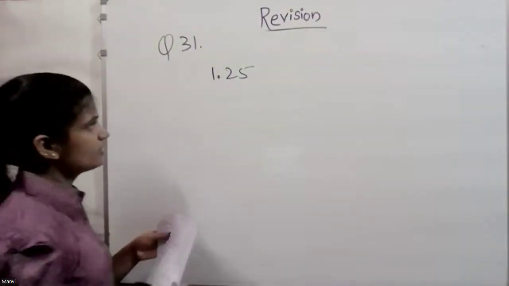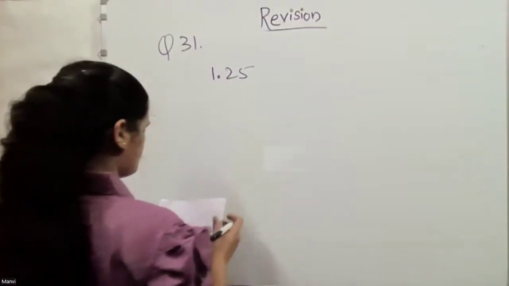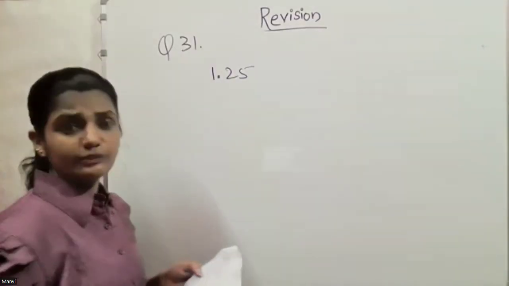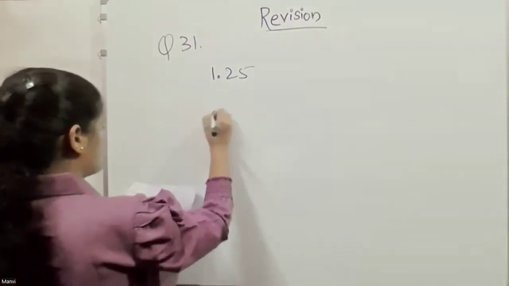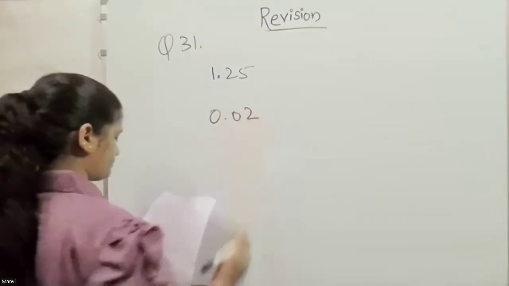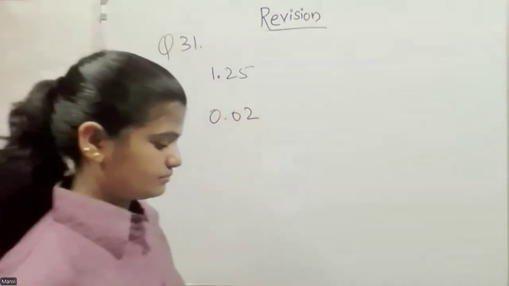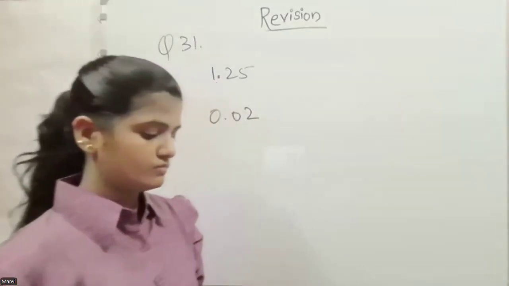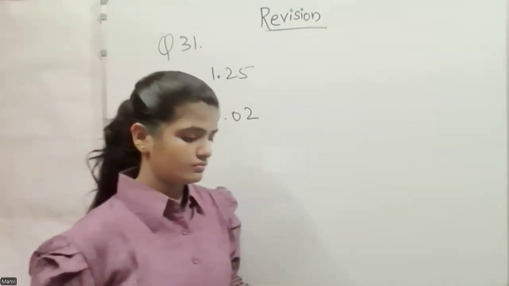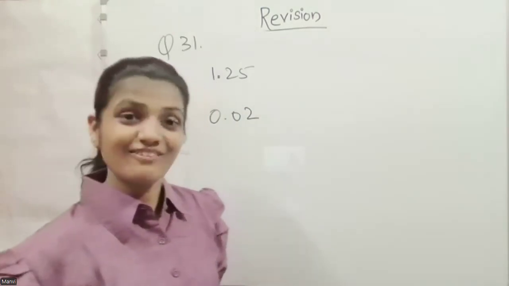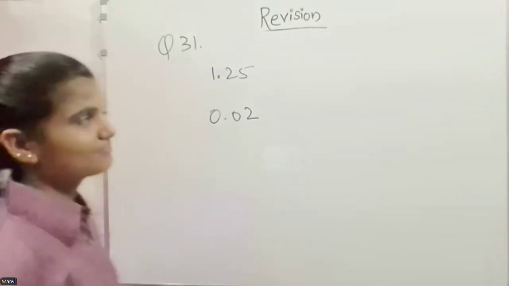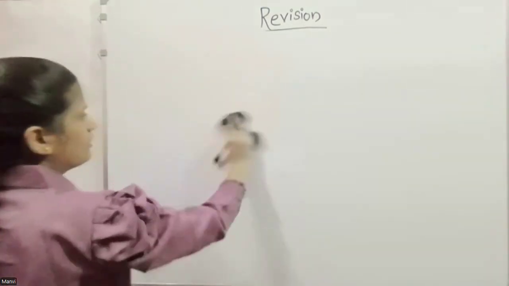So the answer is 5 by 4. Try question 32 as well. 0.02. 1 by 50. Wow. Okay.